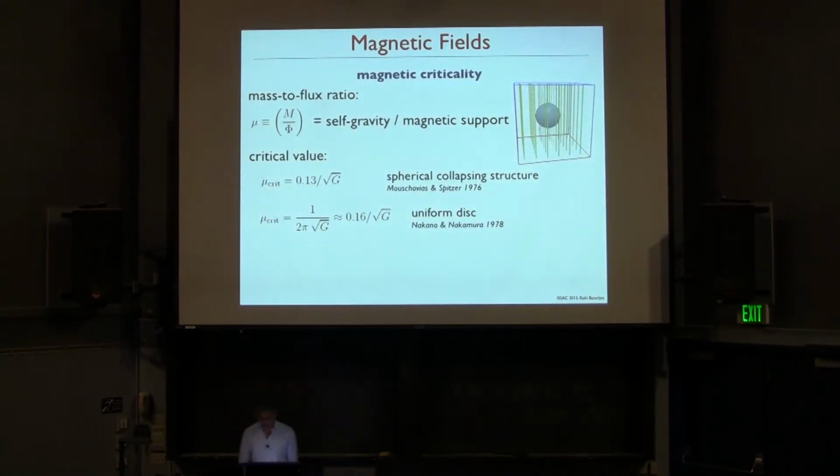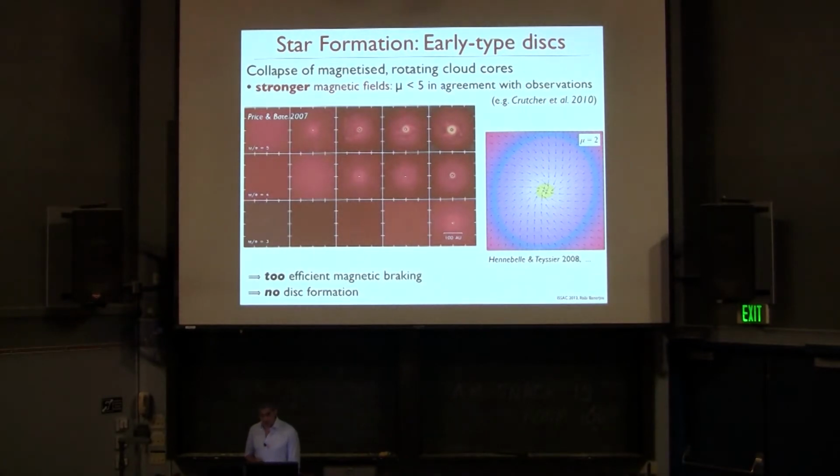What you get typically are these objects, namely if you decrease your mass to flux ratio, you are losing your disk, which you might find in regimes where the mass to flux ratio is of the order of 5. You see a disk form, but if you decrease it a little bit, you're essentially losing your disk in your simulation.